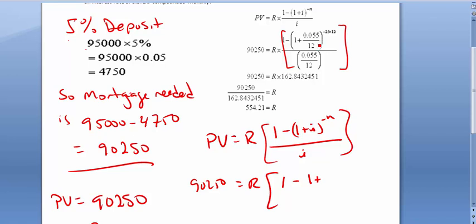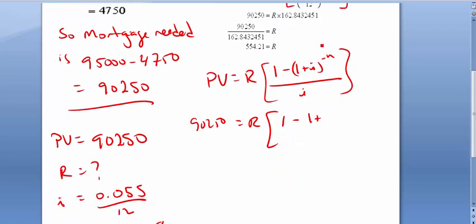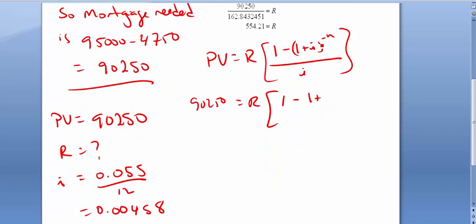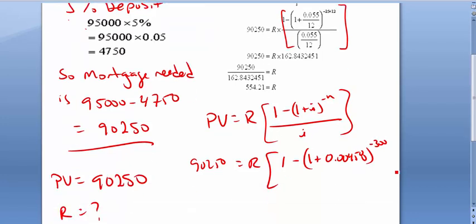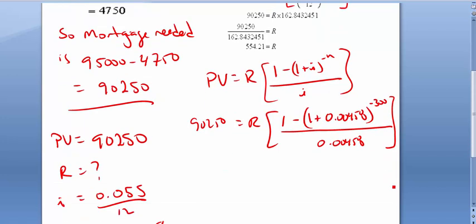It's not going to be exact, but we'll get close enough. That's 0.00458, to the negative 25 times 12, which is negative 300, divided by, again, 0.00458. We're going to be up by a couple of pennies probably because we rounded, but that's okay.